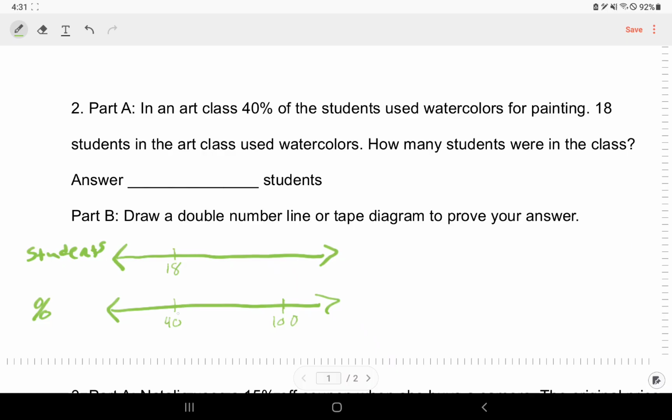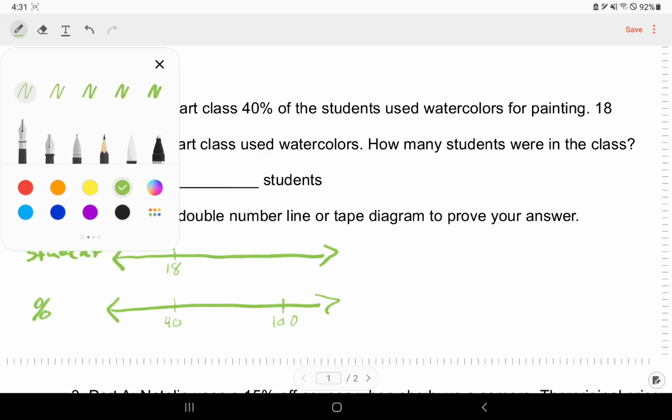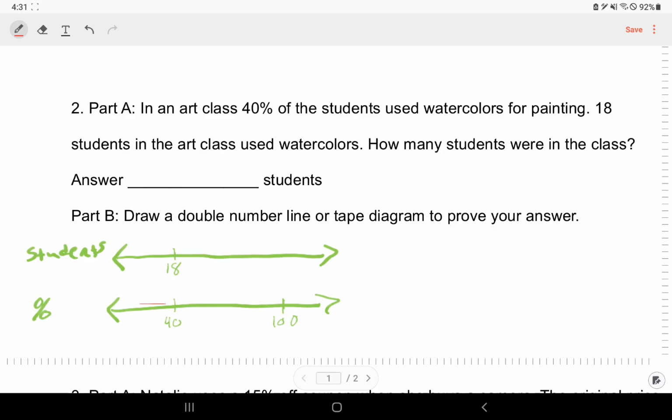Well, we can't get to 100 by counting by 40s. But if I split 40 in half, then I get to 20. Well, if I count by 20s, 20, 40, 60, 80, 100, I can get there that way.